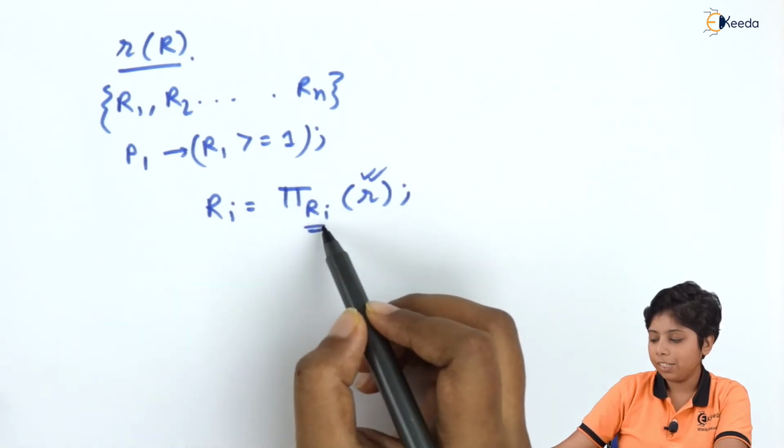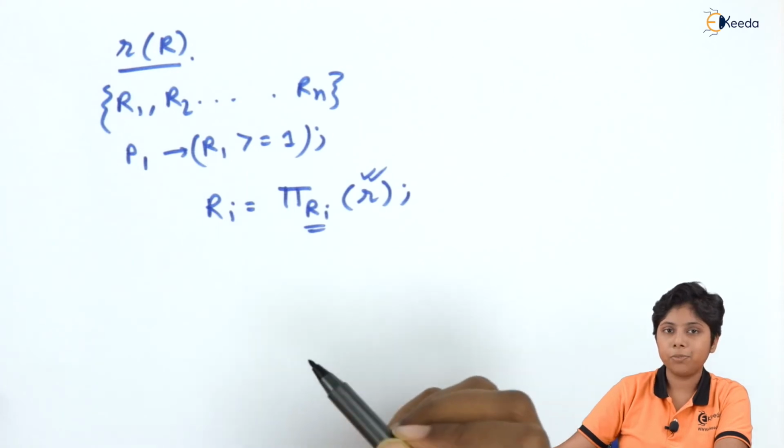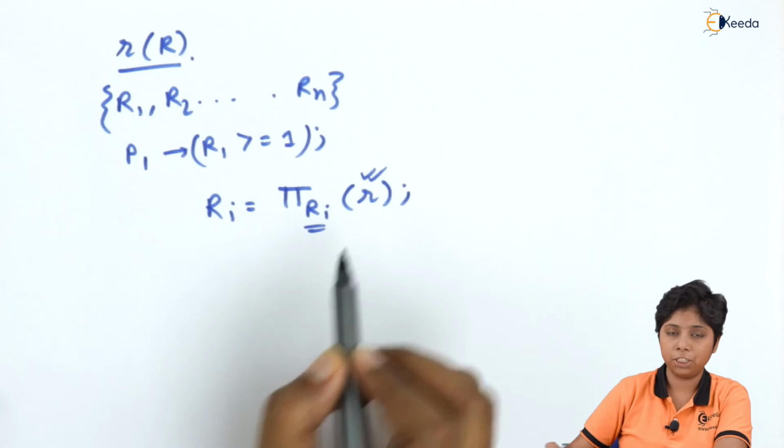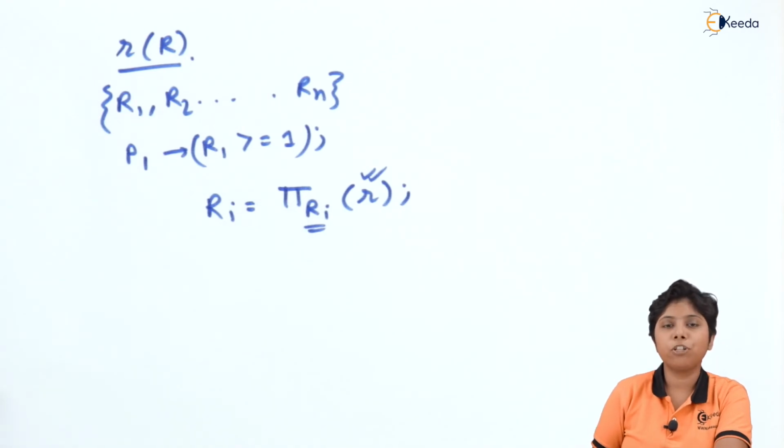Now if we want to reconstruct the data that we have internally fragmented on a vertical basis, it can again be joined with a natural join operator.